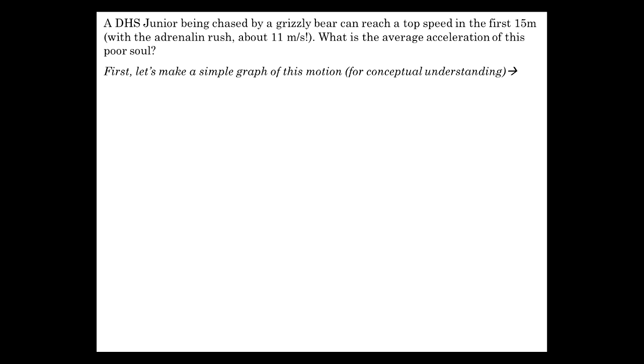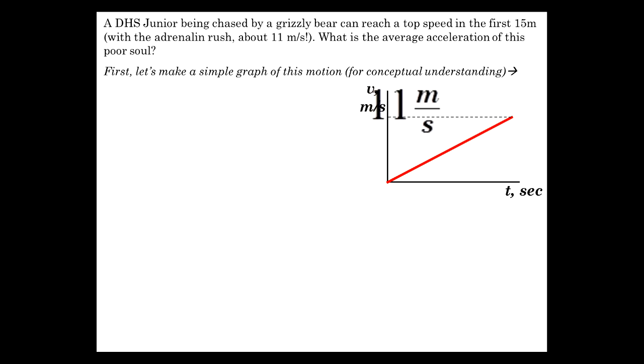And what I want to do is graph this motion to get a conceptual understanding and then find the equation that would be most useful for solving the problem, namely the acceleration. So let's do that. So here's a velocity graph, and we have an acceleration, which is a change in velocity, where the final velocity is 11 meters per second.